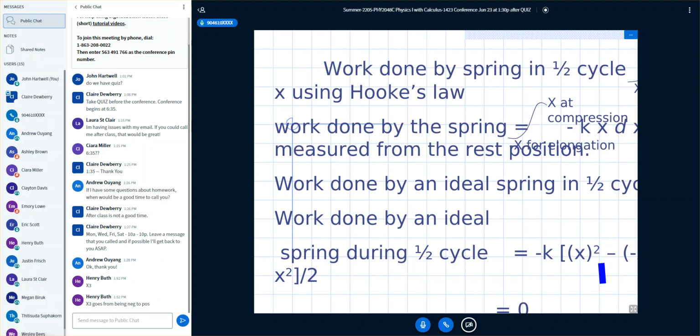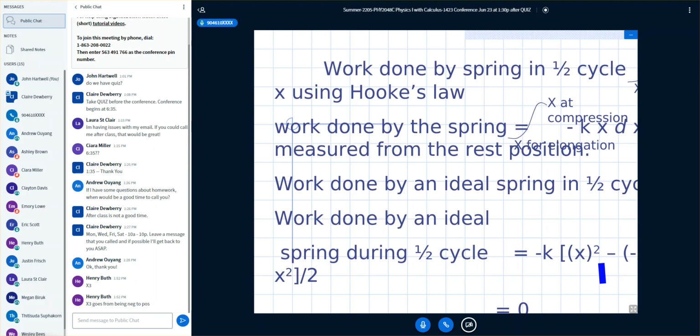What I did is I said, since this function, the integral from some initial to some final x, could be used for any one of these 3 regions, and I was led to that by looking at region C, but I really want to go back and apply it to Hooke, because I know Hooke's law for an ideal spring is minus kx. And I know that the x is going to change, and that will enable me to integrate this function, ladies and gentlemen, if you think about it a minute.